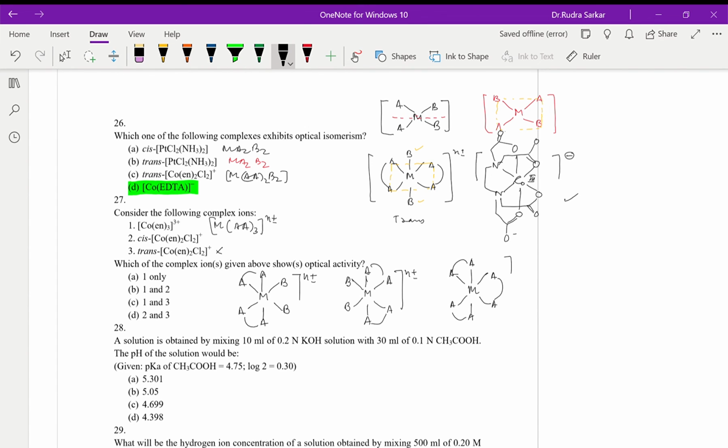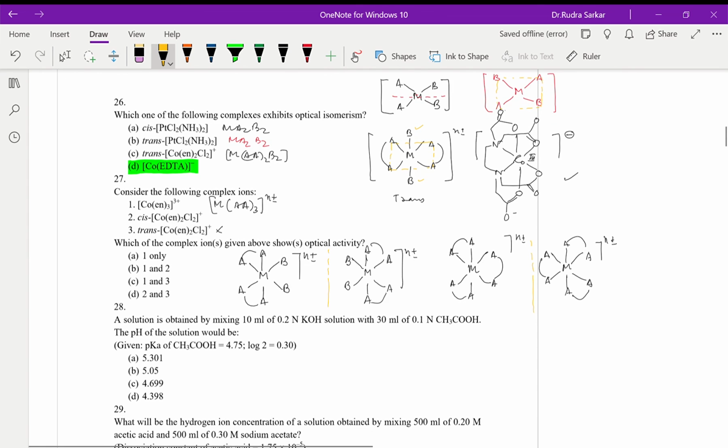This is your en, the AA here is your en, and hence the mirror image for this one will be drawn. So that is how you have to think, and just draw a line to indicate the mirror plane. So that is how we have to find the answers.